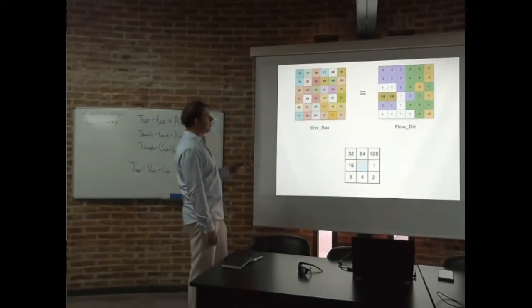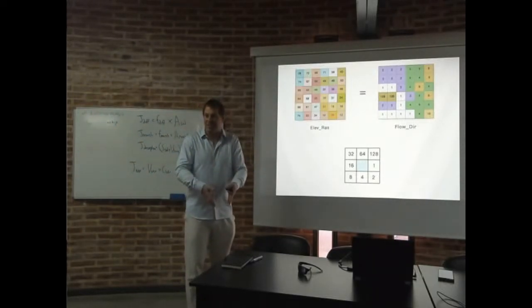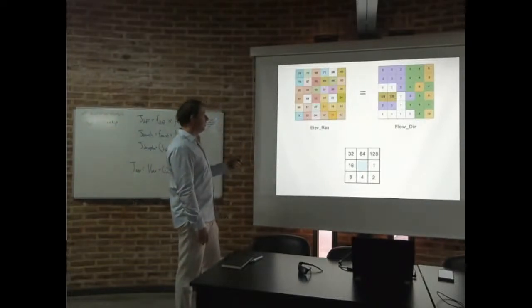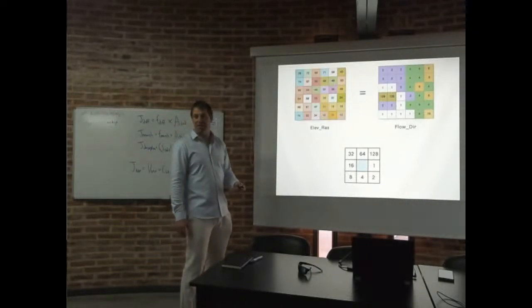So flow direction says, if I'm in this pixel, I'm going to flow to the pixel with the lowest elevation near me. You're always going to flow downhill fastest. Right? So you're not going to flow uphill from 55 to 58 or from 55 to 61. You might flow in this direction, you might flow in that direction, but you're going to flow in this direction because that's the biggest downhill difference.